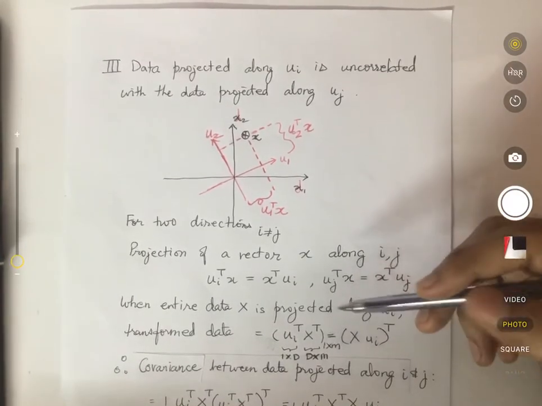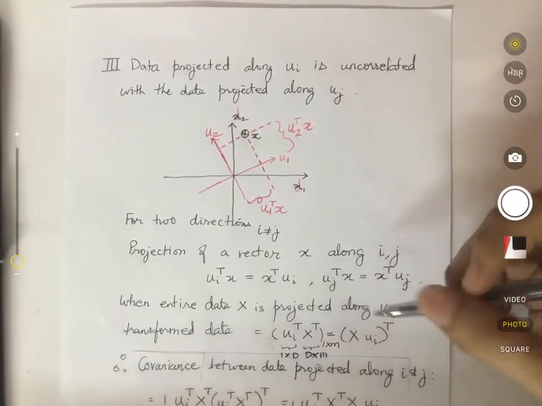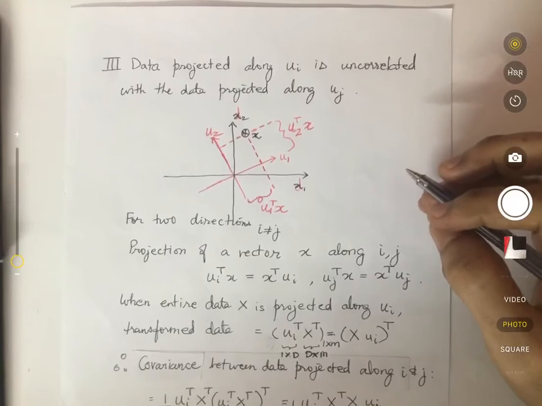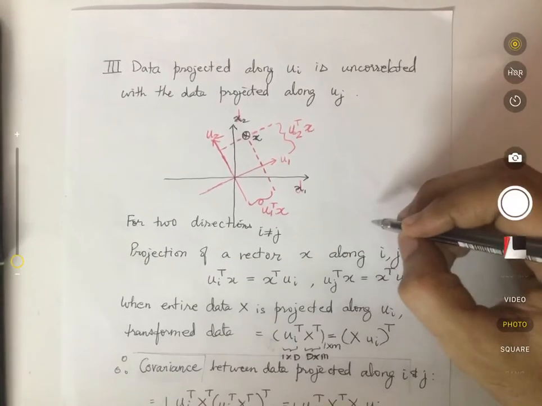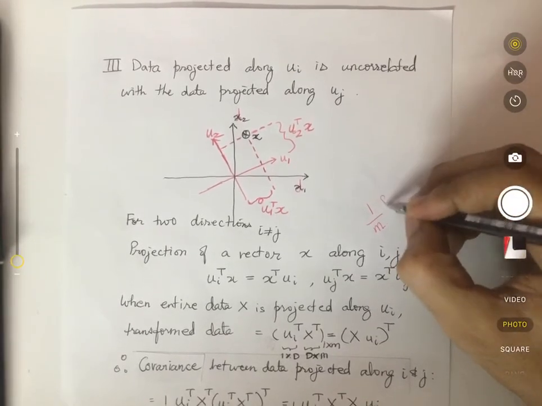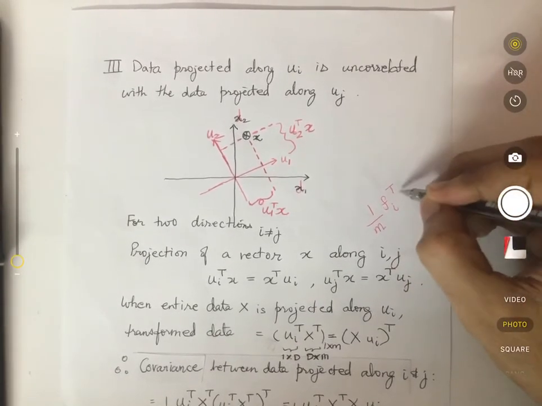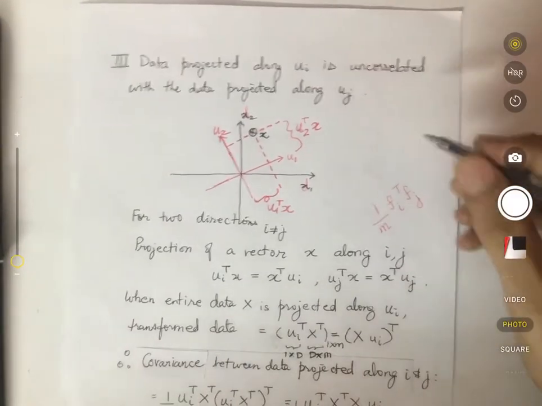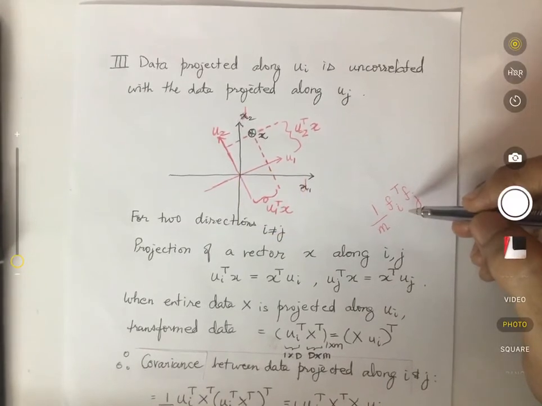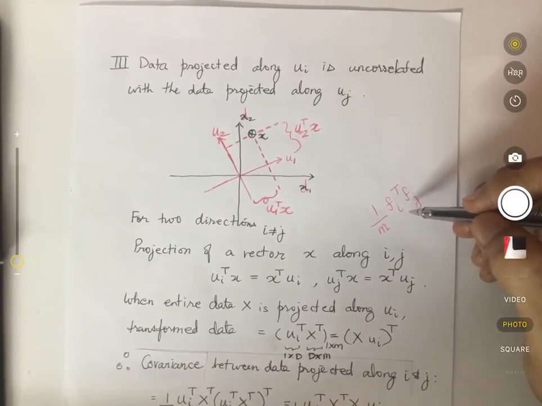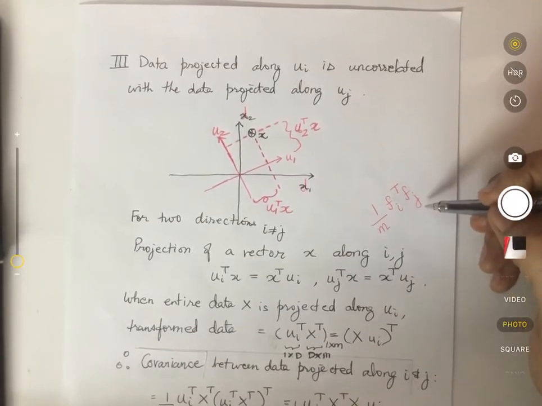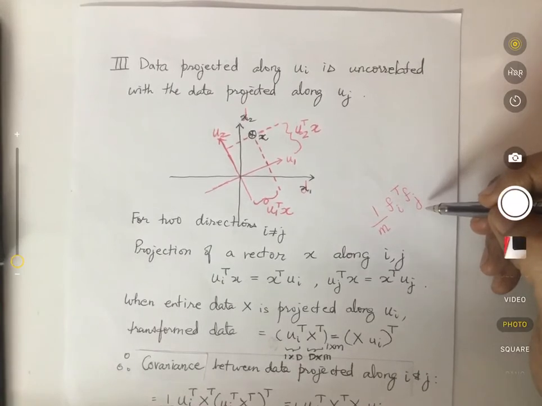You've already learnt in the previous clips that if you have two features fi and fj, then the way to take the covariance between them is by computing 1 by m times fi transpose fj, where fi contains the feature value i from all the examples, and fj contains the feature value j from all the examples.